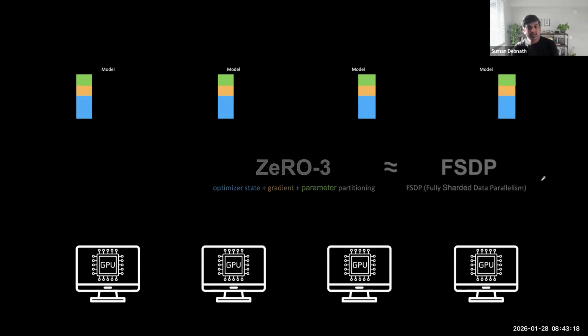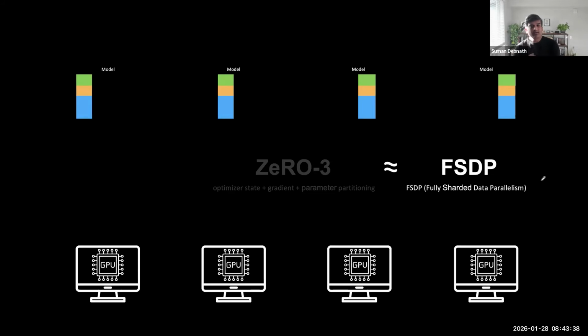This is also called FSDP. It's just a different implementation. So 0, 3, I guess, is from Microsoft or DeepSpeed, and FSDP is the Meta or the PyTorch implementation. But underlying, the concept is exactly the same. It's just the implementation difference.